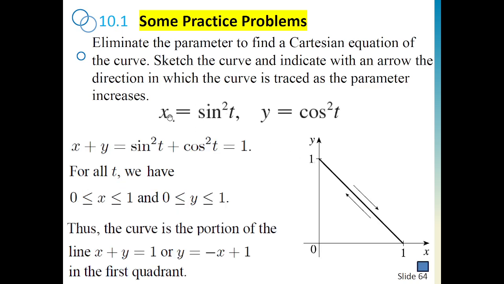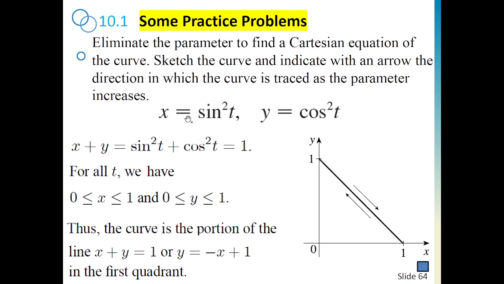An interesting case here, x is sine square and y is cosine square. So x plus y is sine square plus cosine square, which is 1, right? So we have immediately an equation of a straight line, like y equal 1 minus x. But what we realize is sine square is positive, cosine square is positive, but sine square is between 0 and 1, and cosine square is also between 0 and 1.